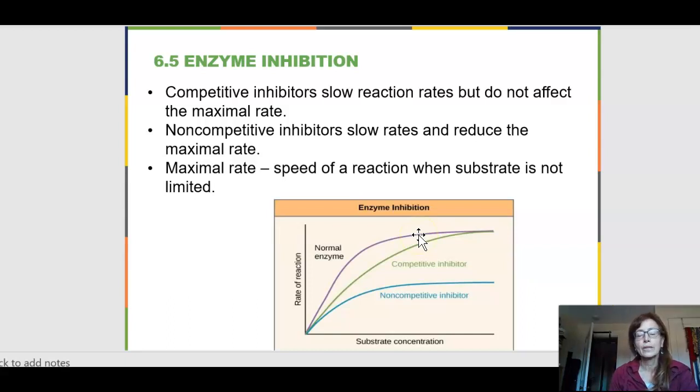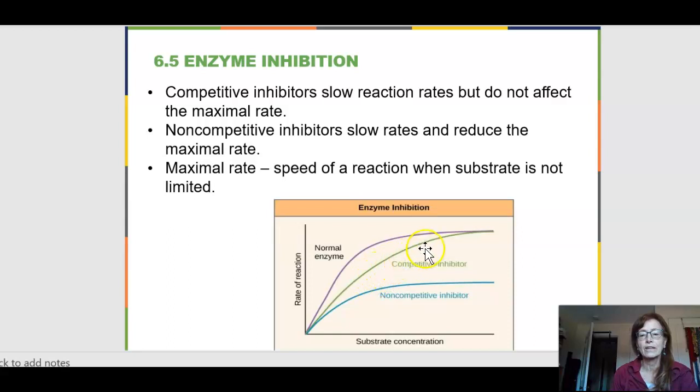When we have a competitive inhibitor, it's trying to compete for that active site with the normal substrate. So the enzyme is still sometimes running into its normal substrate, but sometimes it's running into something that's competing, and therefore slowing down that enzyme's ability to do what it is specifically designed to do.